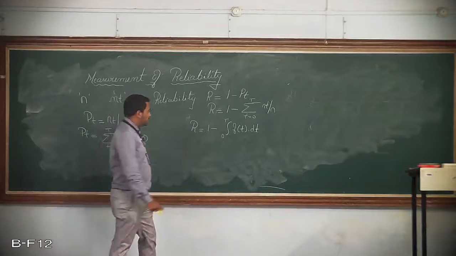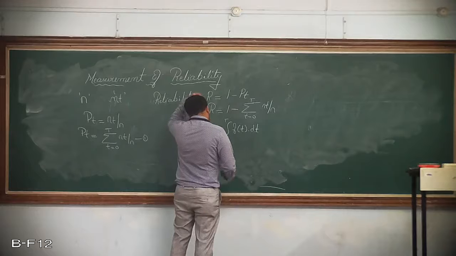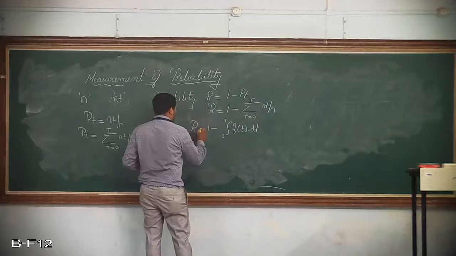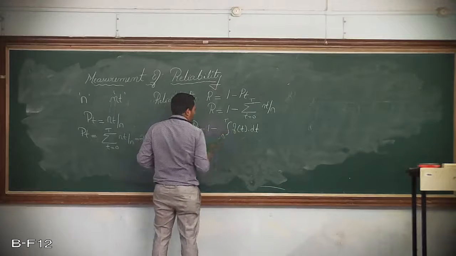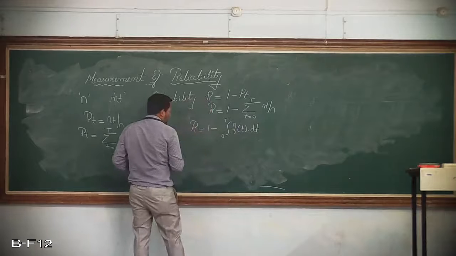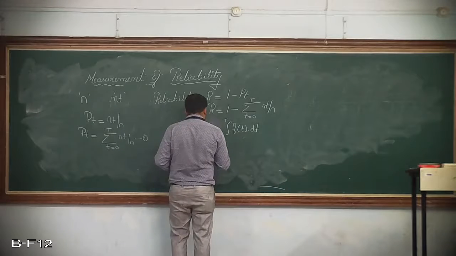But we know that the probability of failure will remain constant for most of the time. Hence, this function f(t) will become an exponential probability function.